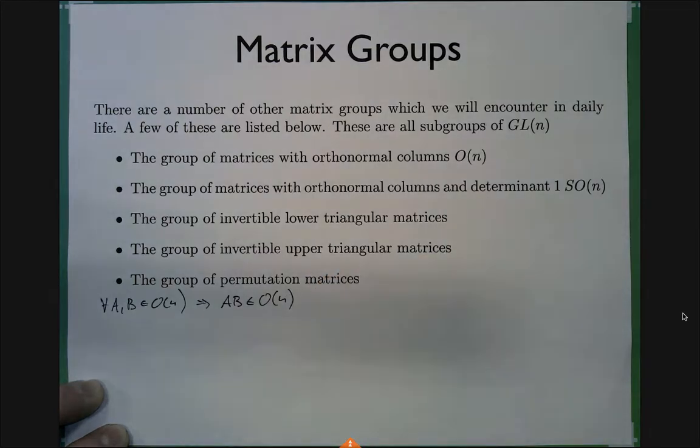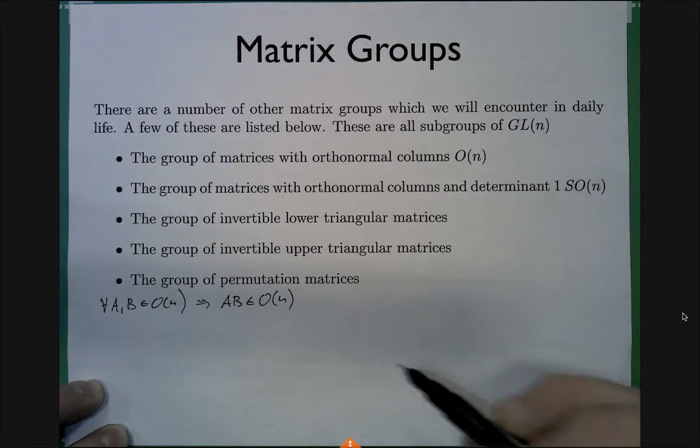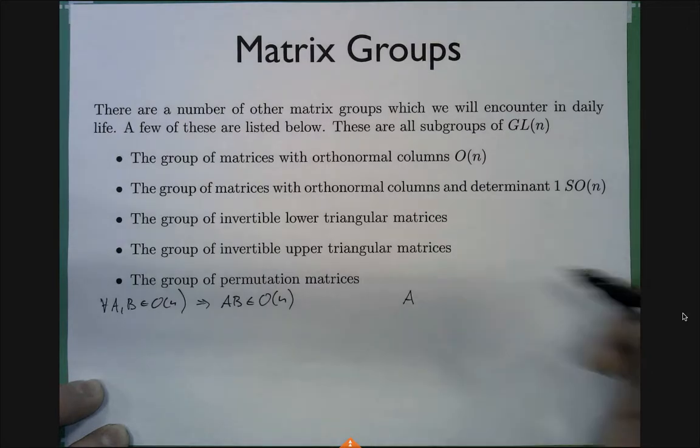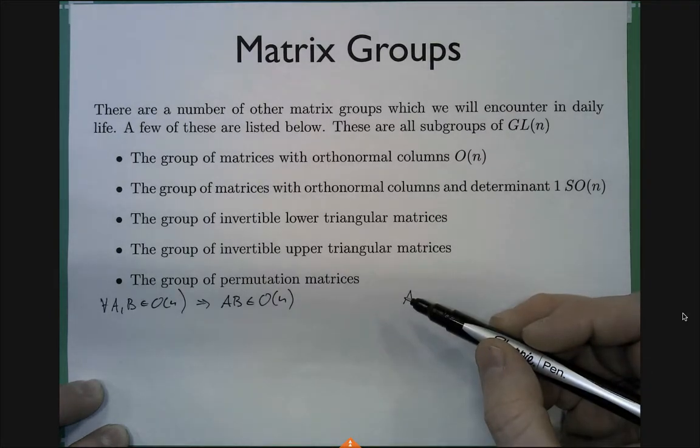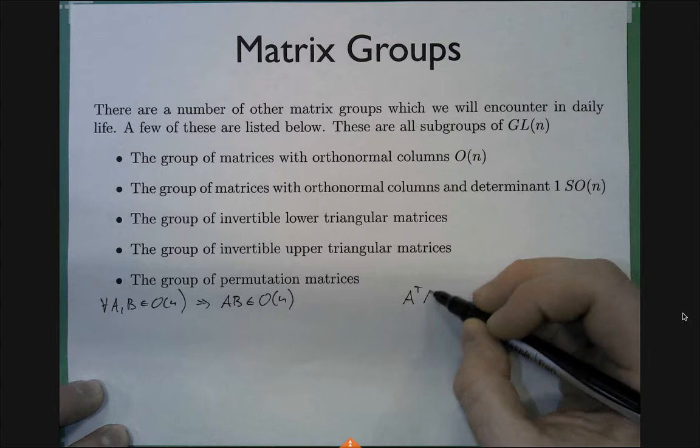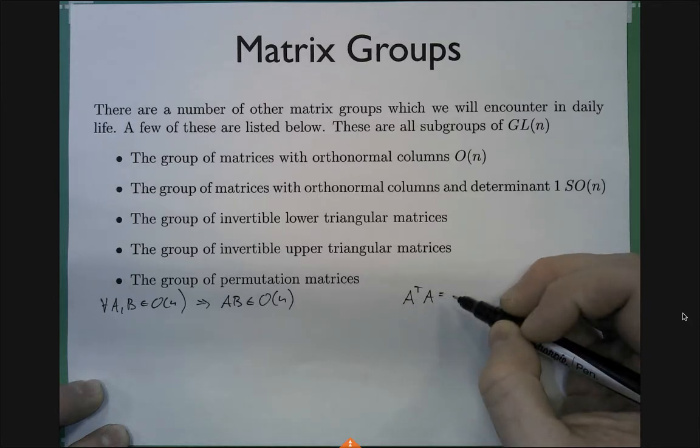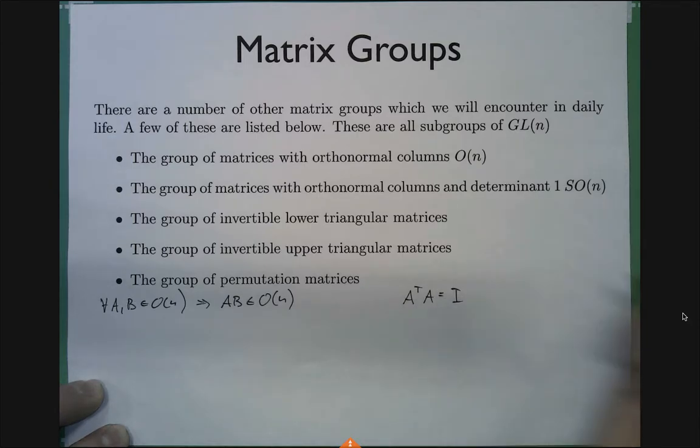Meaning having orthonormal columns. So what does it mean for a matrix to have orthonormal columns? So let's see if I get it right. That means that A transpose A is identity, right?